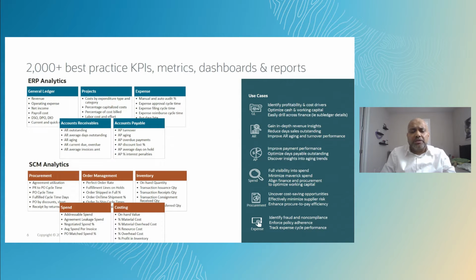Some sample use cases which provide immediate value is how to identify profitability and cost drivers, optimize cash and working capital. This is a sample use case from ERP. Then you get full visibility into spend and minimize your managed spend in the procurement area.